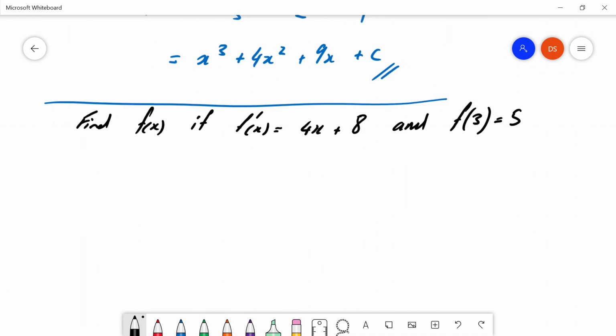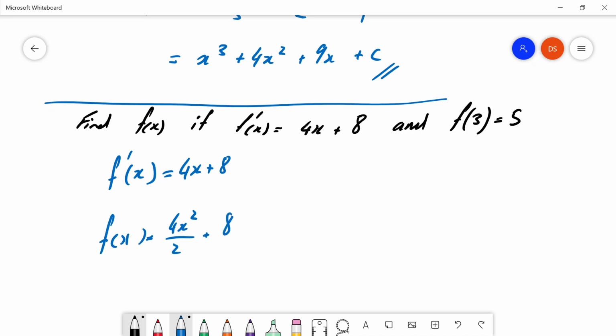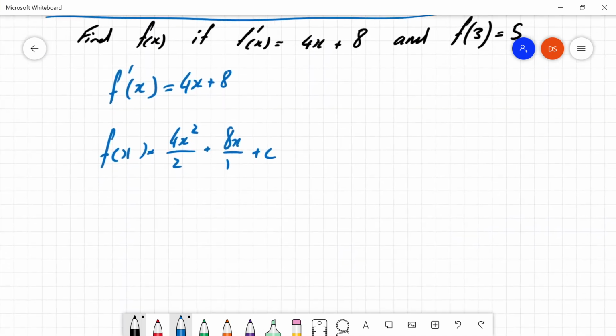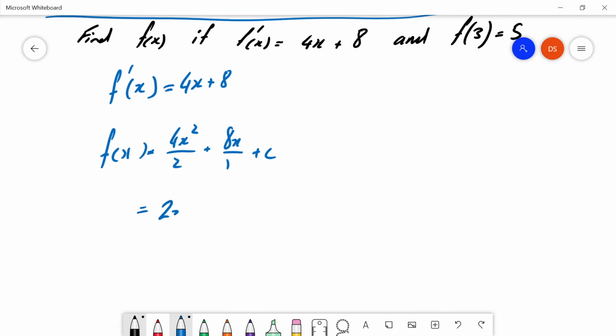First off, we need to anti-differentiate. So we take our function and anti-differentiate. We add 1 to the power, divide by the new power, and plus c. Let's simplify this a little. That's 2x squared plus 8x plus c.